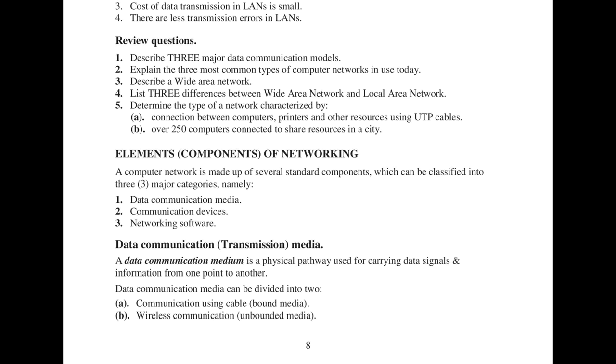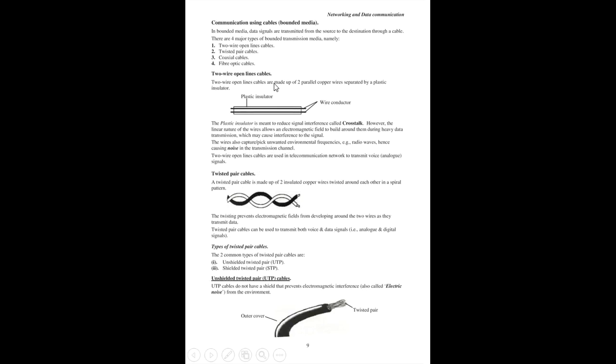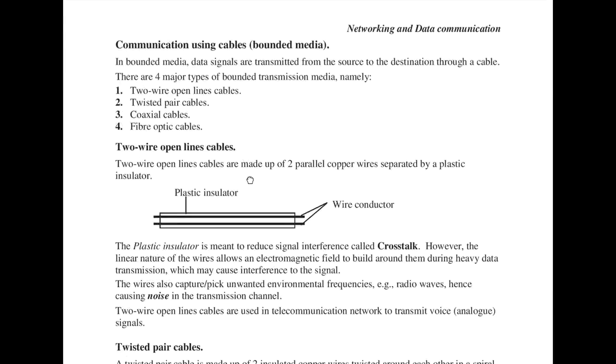So in an exam situation, if you are asked to explain 2 types of communication media, you talk about bound or unbound, that is cable or wireless. It depends on which one you find easier. Then when we talk about communication media, guys, we have cables. That is the bounded media.